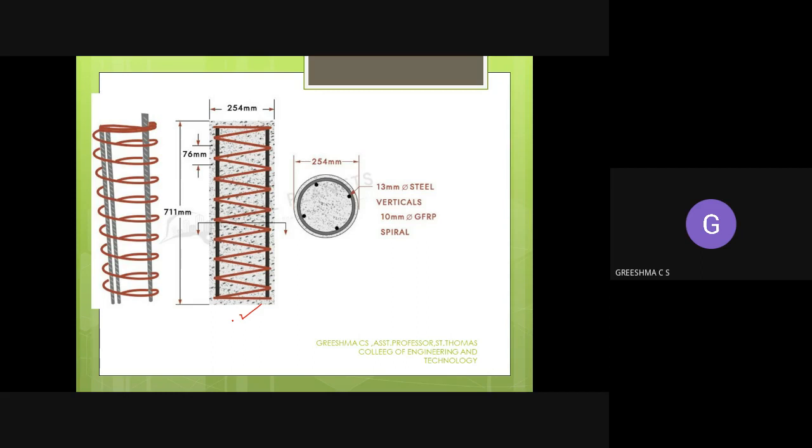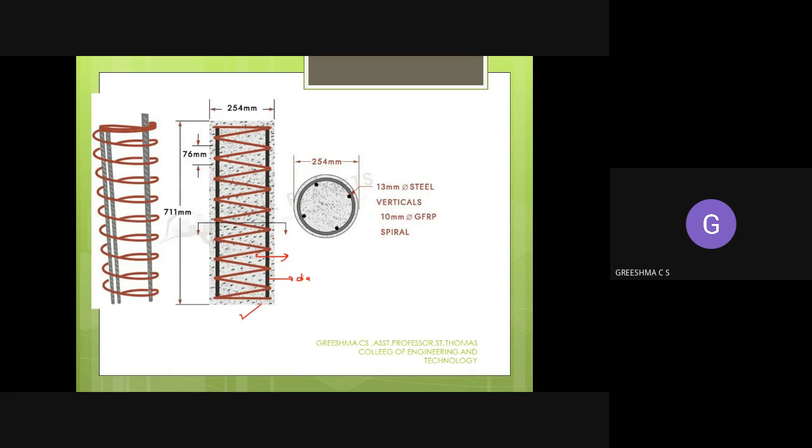Here what we are going to do is find the diameter of the longitudinal reinforcement. This is a longitudinal reinforcement. How much diameter you have to provide, how many longitudinal bars have to be provided, and next the helical reinforcement: the diameter of this helical reinforcement and the pitch.